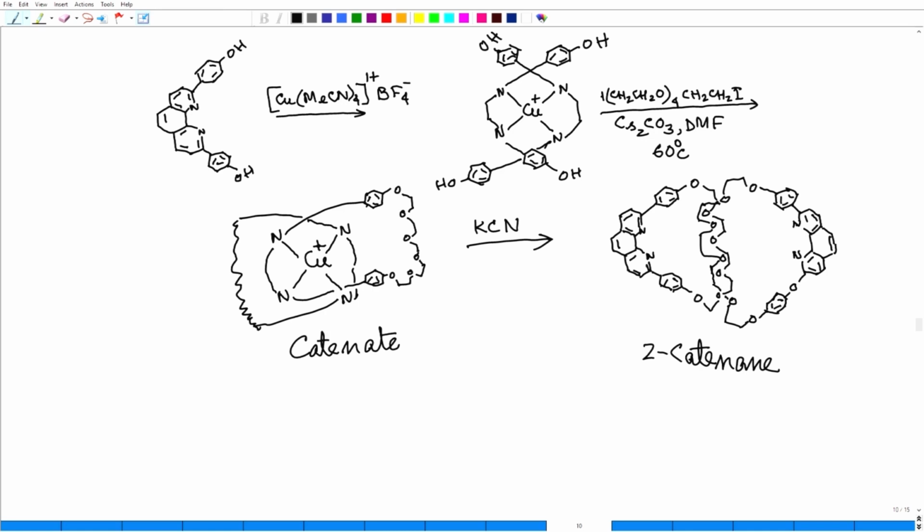Now, my question to you at this point would be, what will happen to this? Why are these two further apart? Because they were close to each other. Why are they further? Because of steric reasons. And so, what is there in the middle? You have all ethers. So, remember crown ether?